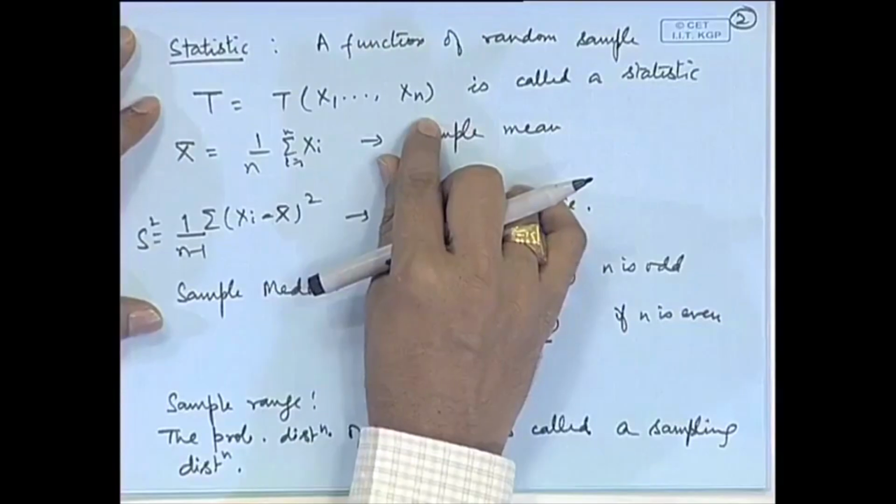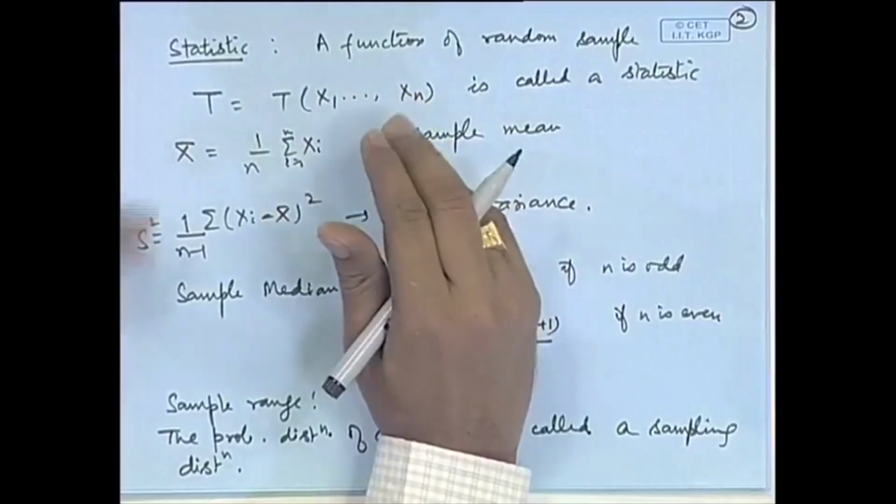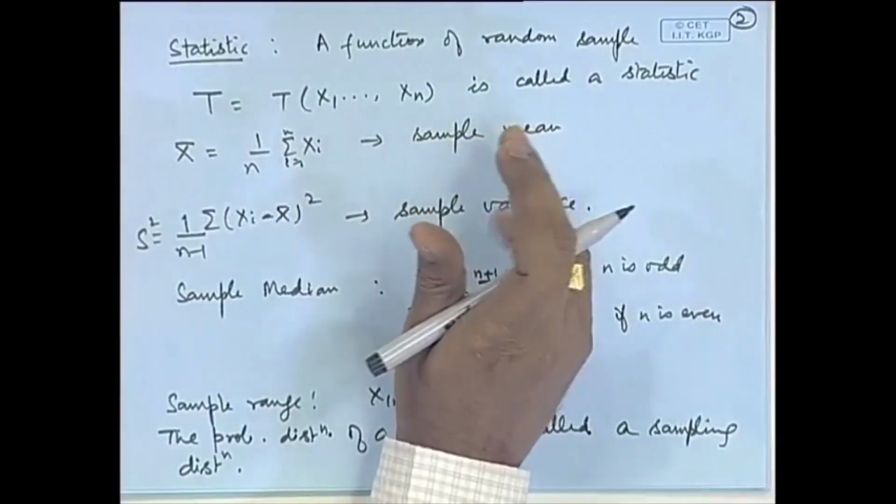If we consider any function T(X1, ..., Xn), the derivation of its distribution relates to the technique from the previous lecture for transformation of random vectors. We may consider one variable as T(X1, ..., Xn) and define other variables, say U1, U2, ..., U(n minus 1), so that we have a one-to-one transformation, and we may determine the sampling distribution using any such technique.